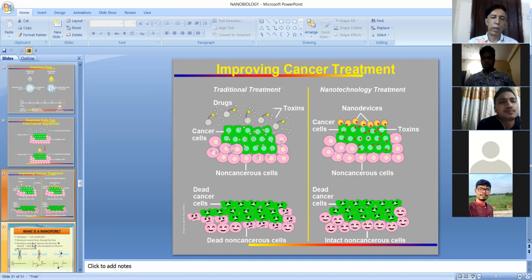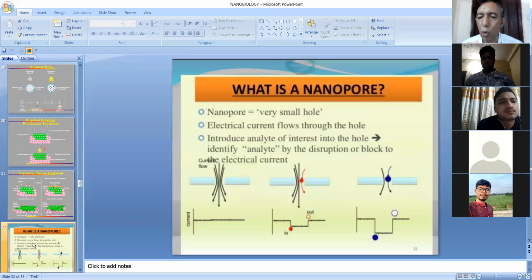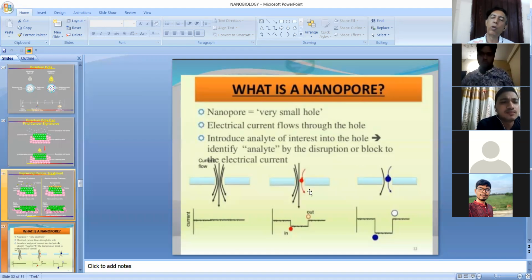Now, next one is nanopore. So what do you mean by pore? Pore means a small, very small hole. If the hole size is, say for example, 1 to 10 nanometer, then it is called nanopore.